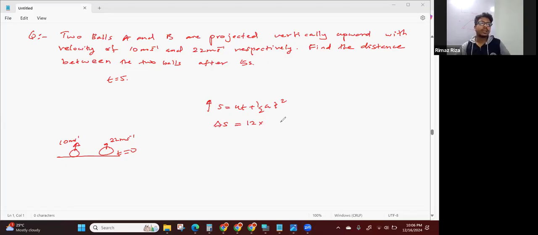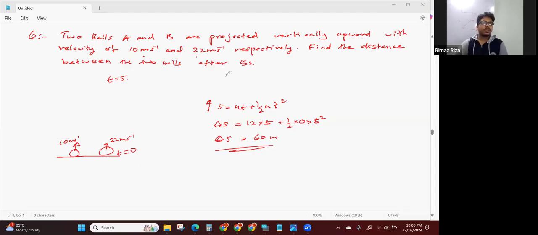Both are moving under the same gravitational acceleration, therefore relative acceleration is 0, into time 5 squared. So delta S equals 12 into 5, 60 meter. So simply you have to take this difference. Relative velocity is 12, 12 into time 5, 60 meter.